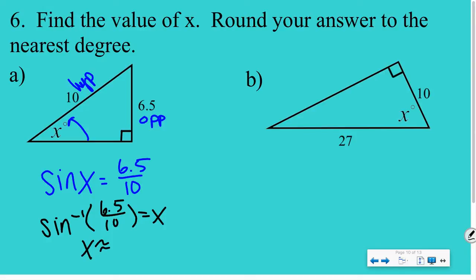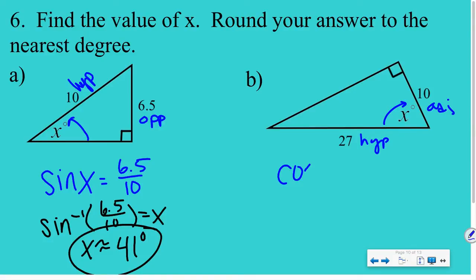Did you say 41? Good. You should have 41 degrees there. Julia on B. In reference to x, how would you label 10? How about 27? Okay. I mean, it would be adjacent, but hypotenuse is better fit. So which trig function do we want to use, Julia?